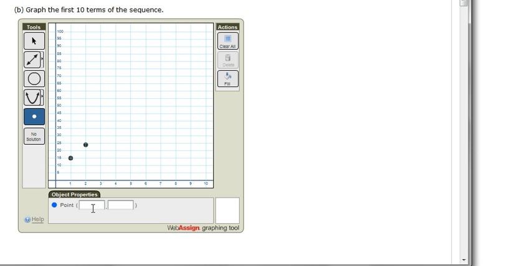Back to the point tool, 3, 33, enter. 4, 42, enter. 5, 51, enter.